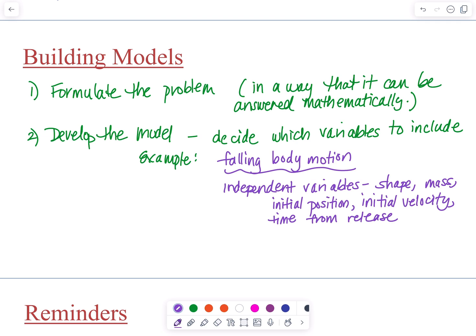Our possible dependent variables are those affected by the independent variables.